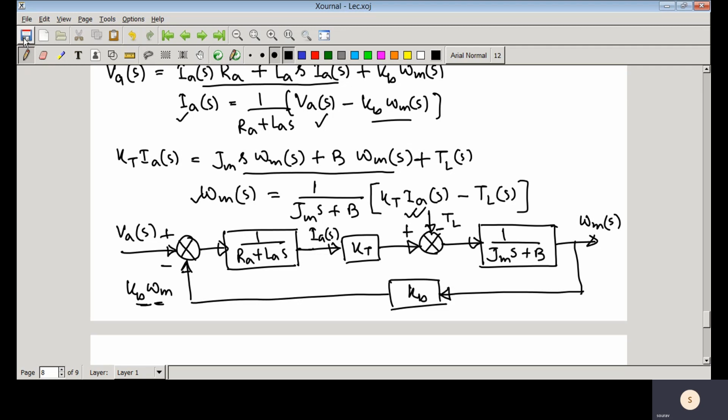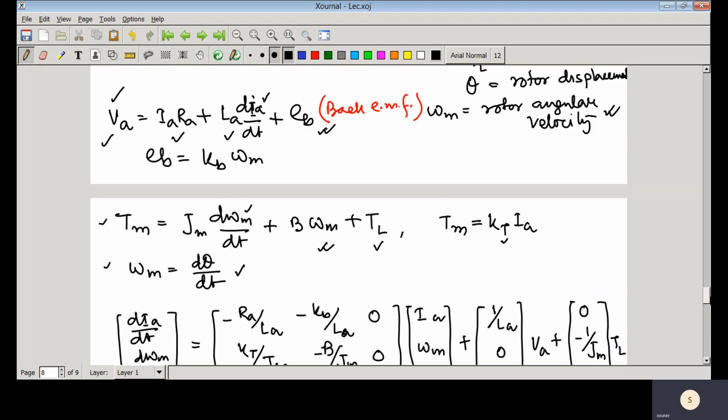So this is the block diagram of a DC motor, and sometimes it is asked that the DC motor uses inherent feedback. This is that inherent feedback used by the DC machine. Without that feedback, the DC motor cannot actually work, and this feedback is established through the back EMF.